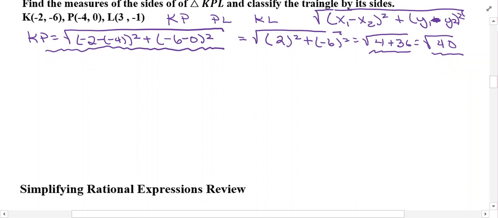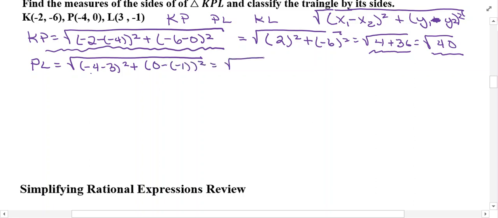Next, let's do PL. The differences in the x's squared plus the differences in the y's squared, which means that we'll be squaring -7 and squaring 1.